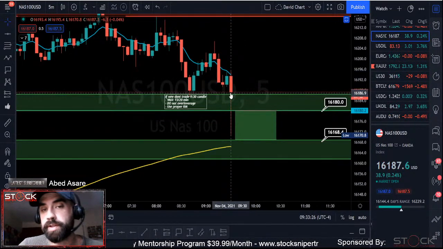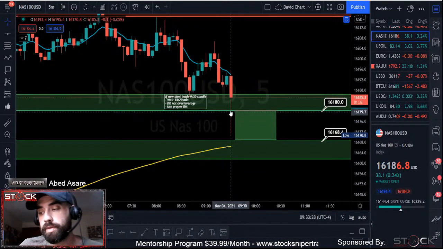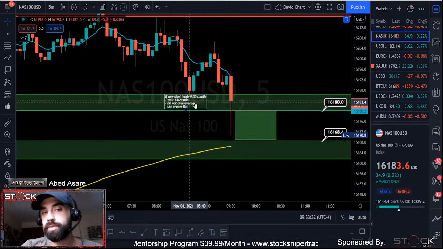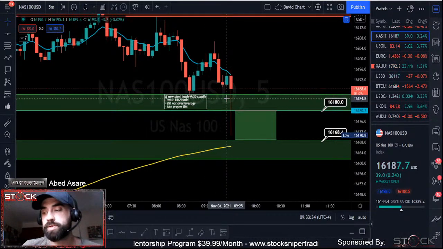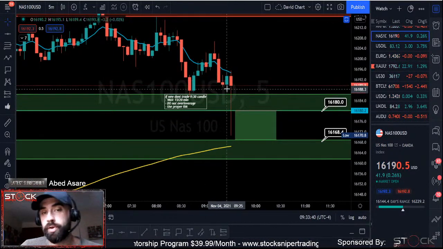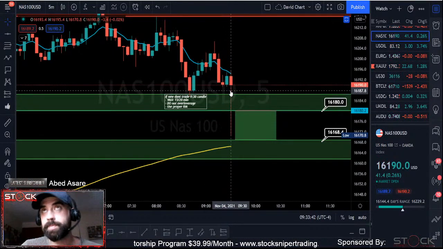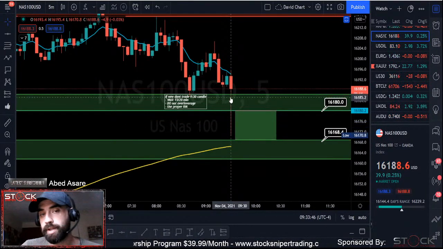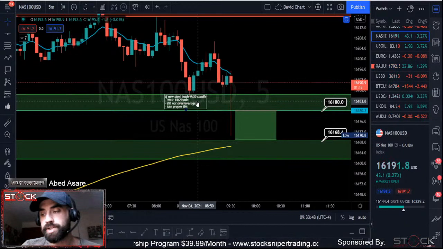Look at that greasy play right there. 930 open. It always kind of does this. Head fakes. That's why I said wait. If you're new, wait 10, 15 minutes. Let's see if it's going to get this overall continuation. Dirty move on Nasdaq, eh? Look at this. Clear as day. Pushing, pulling. 930 candle, New York Stock Exchange.